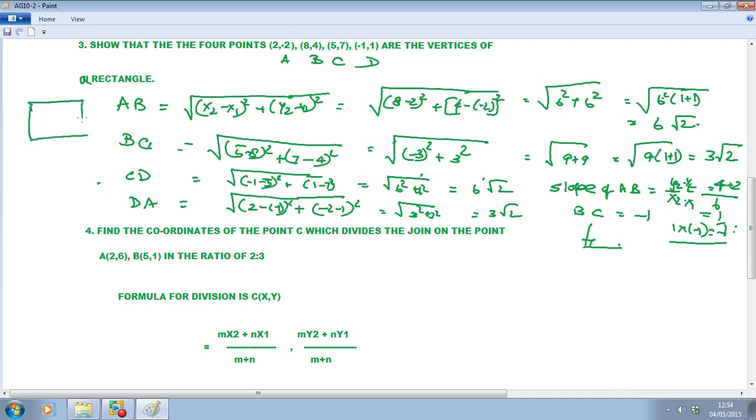Okay, we will draw a rectangle A, B, C, D. So around it can be a parallelogram. So find what is AC and BD. If they are equal, then it is a rectangle. How? In a parallelogram, diagonals are not equal. If diagonals are equal, then it is a rectangle. This way also you can try.